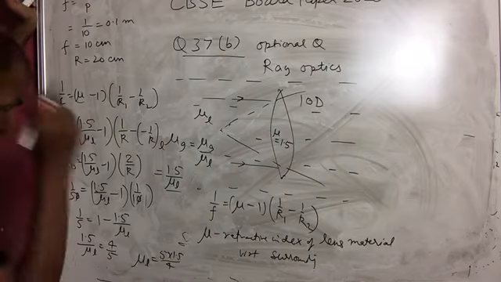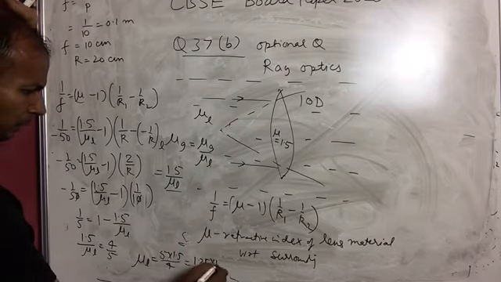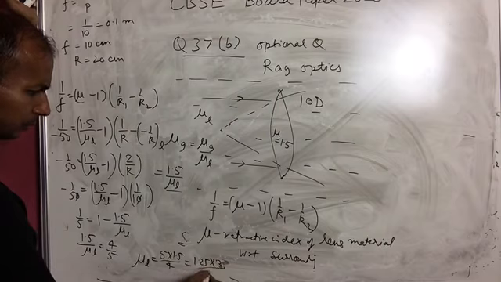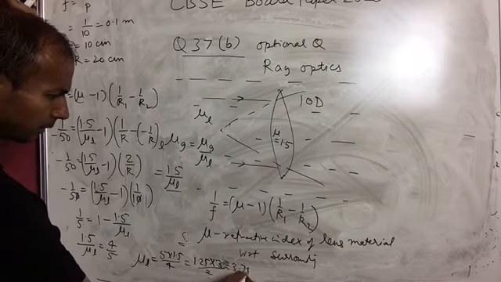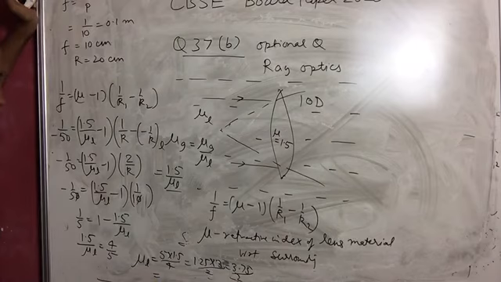So which is how much? This is like 1.25 into 1.5. So like into 3/2. So like 3.75 by 2, which will be like 1.87.